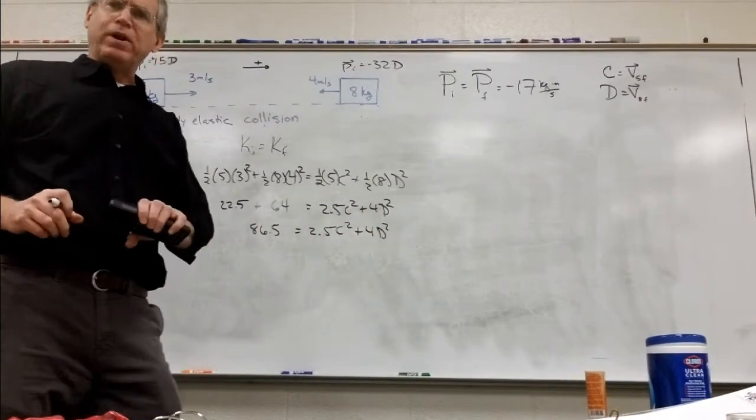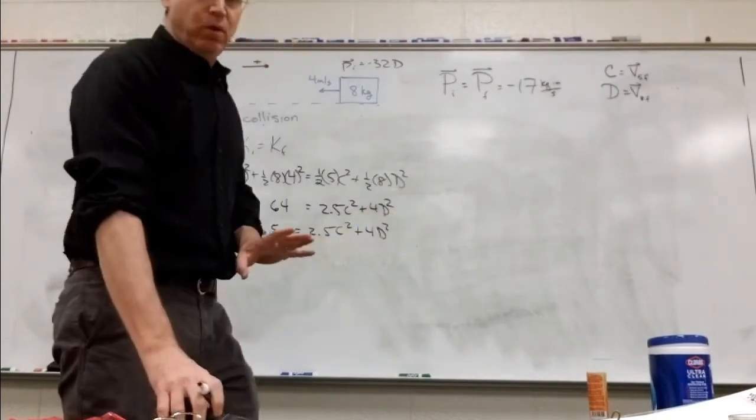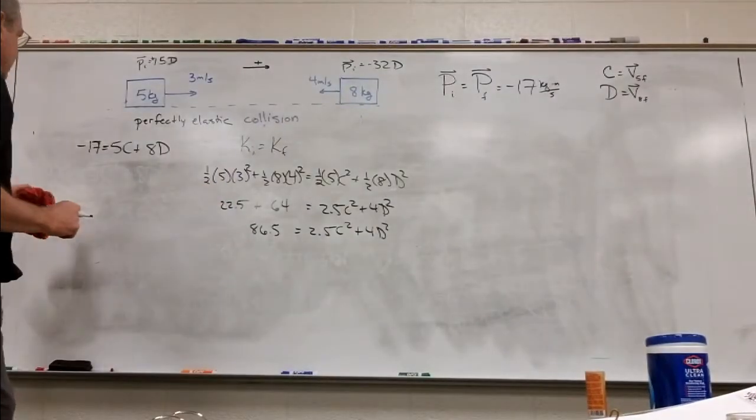So very similar process to what we went through before. This technique does have an advantage. It is a lot more math, but there is an advantage to it, which we'll talk about at the end.